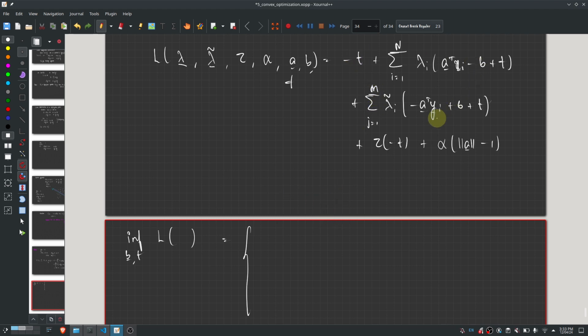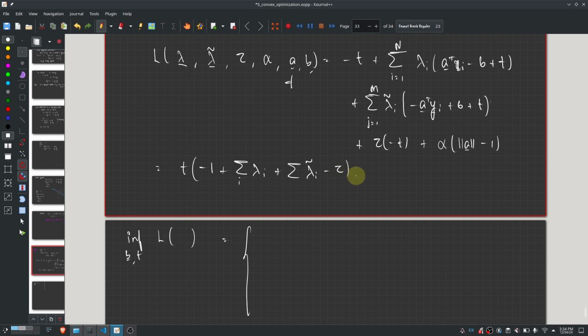Maybe it will help to bring the terms corresponding to T together. So this is T times minus 1. What are the other terms involving T? It's summation lambda I and summation lambda I tilde. What else? Minus tau, right?